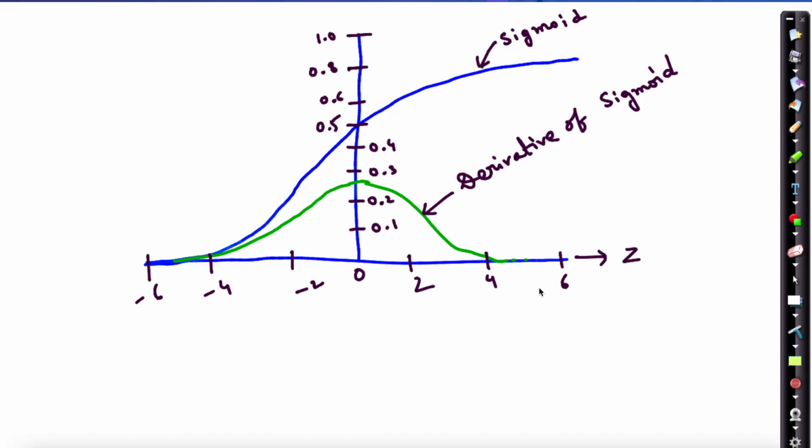But now you should see numerically to understand why it is used extensively in neural networks. I'll just write it down here.